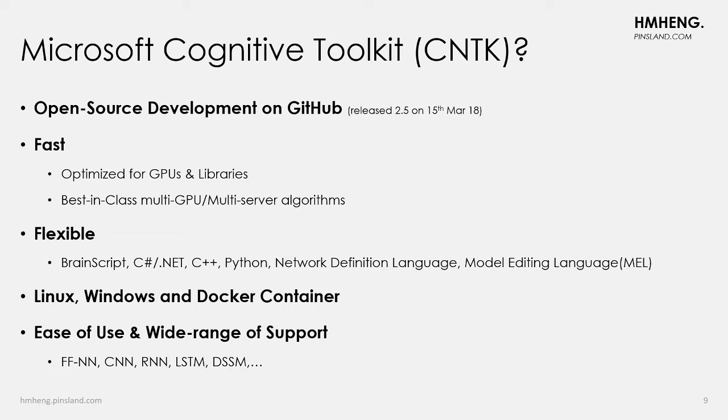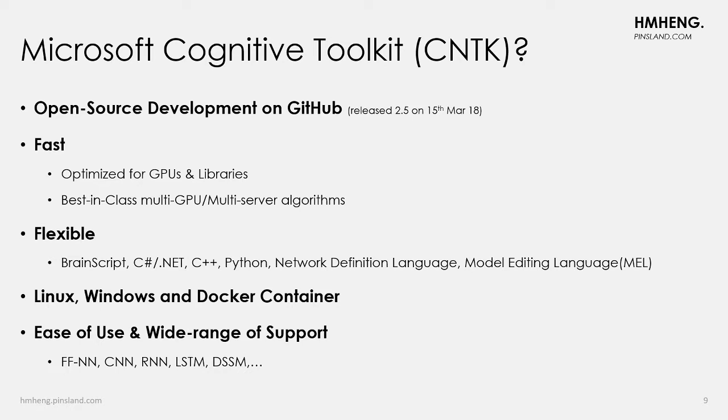Next, it is fast, optimized for GPU usage, and has lots of libraries supporting your development. It comes with best-in-class multiple GPU and multiple node or server algorithms, allowing you to scale up when you need.